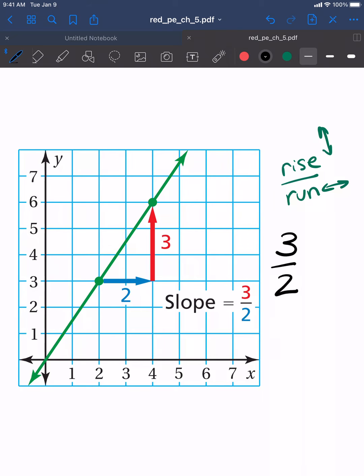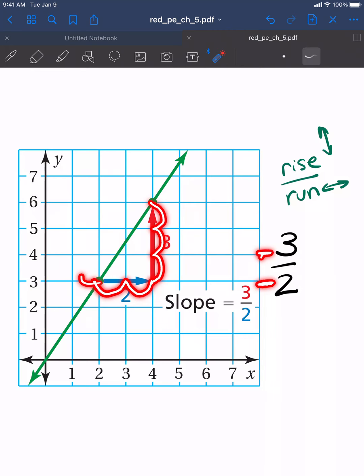Now let's say I would have had to go backwards. Let's say instead of going from this bottom point, I want to start from the top point and go down. Then I went down 1, 2, 3, which would make this negative 3. And then I went backwards 1, 2, which would make this negative 2.